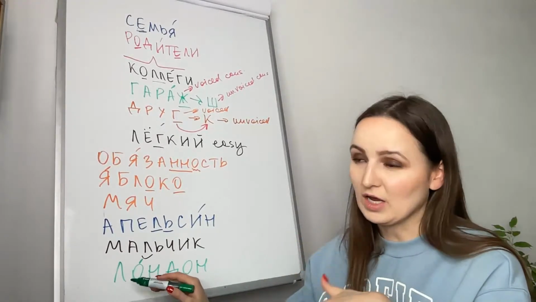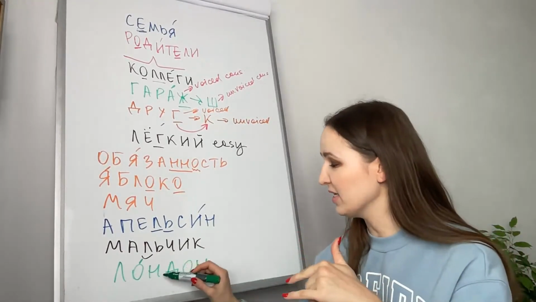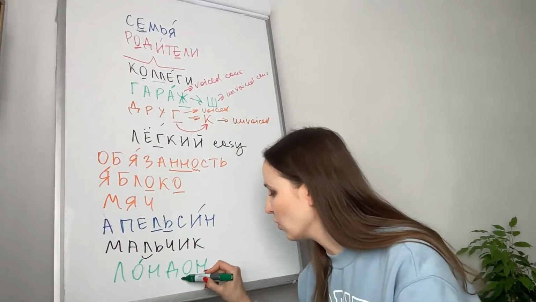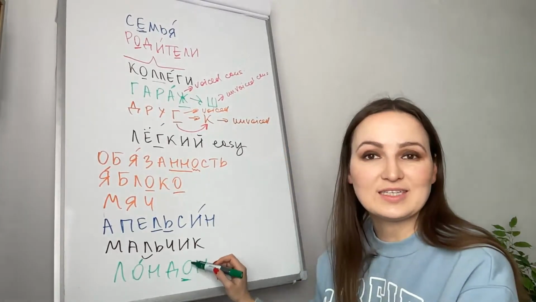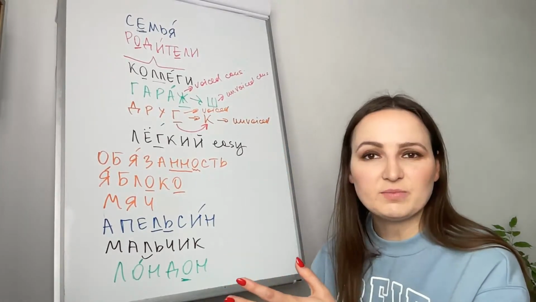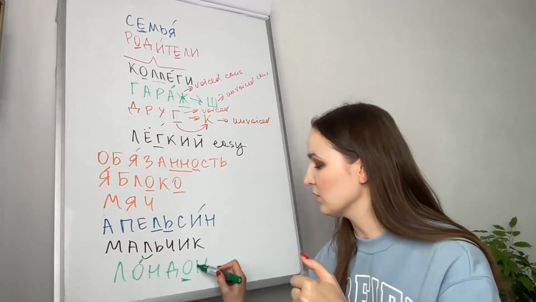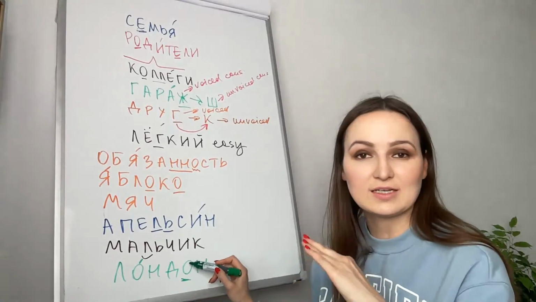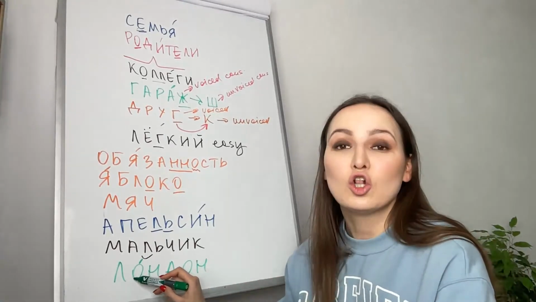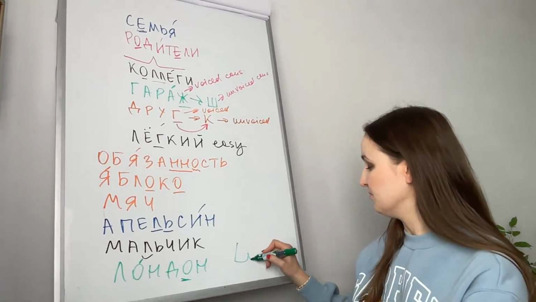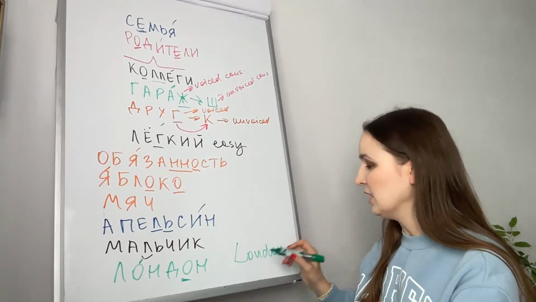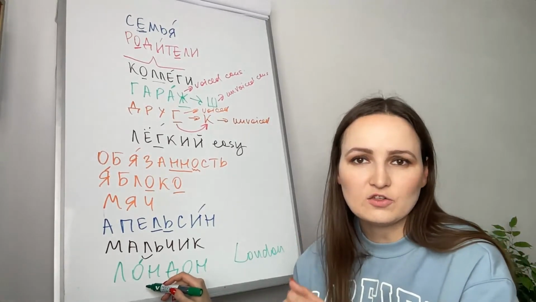All of my students at the beginning were saying London, stressing this letter. A native speaker may not even understand what you're saying if you stress another vowel. It's Лондон. London is Лондон in Russian.